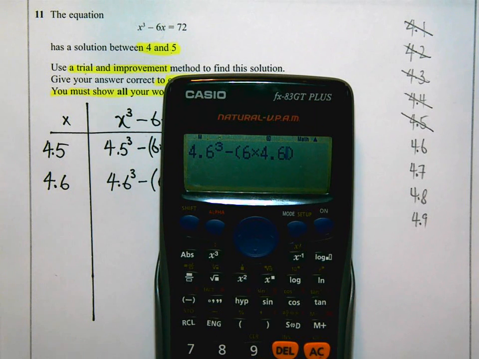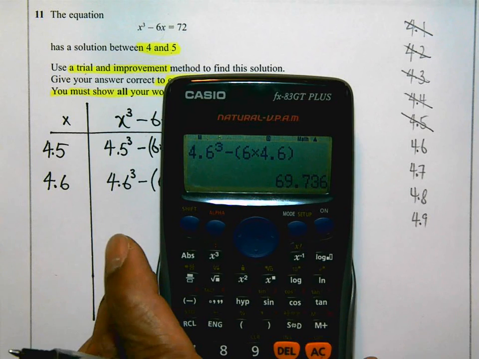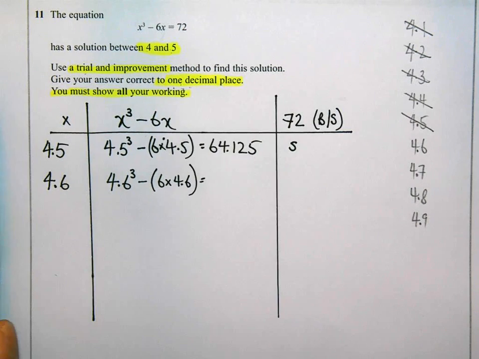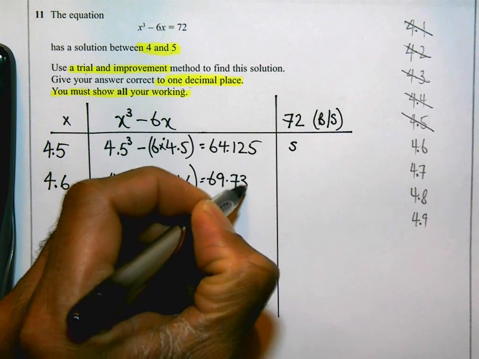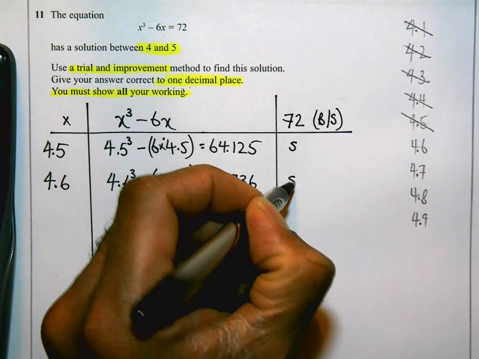That's what it should be. 4.6 cubed, take away 6 times 4.6, press equal, and that's 69.736. I'm getting closer to 72, but still not quite there.